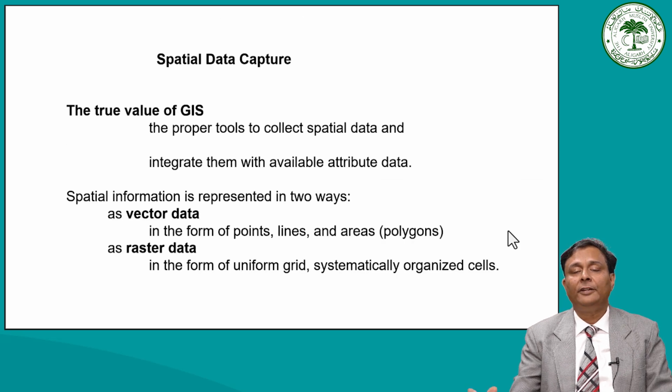For that we want spatial information, and we capture this information through different sources, which we call spatial data capture. You all would agree with me that the functionality of spatial information science relies on the quality of data available. Why?